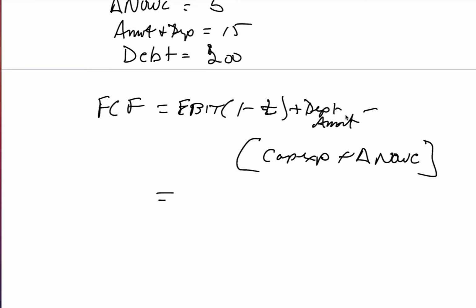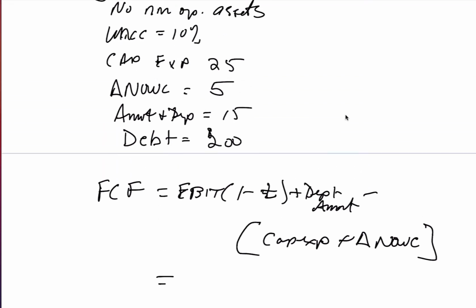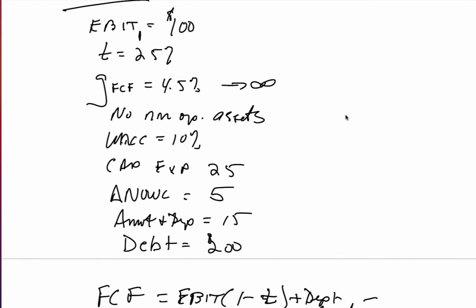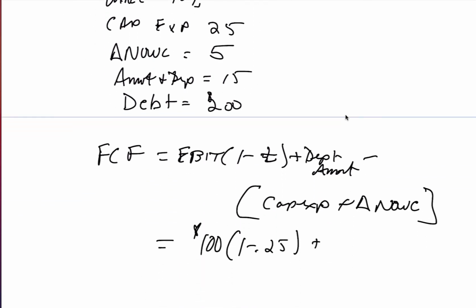You just plug the numbers in and crank it out. EBIT was given, so I'm using all this information up above. EBIT is $100, the tax rate is 25%, amortization and depreciation is 15, and CapEx is 25.